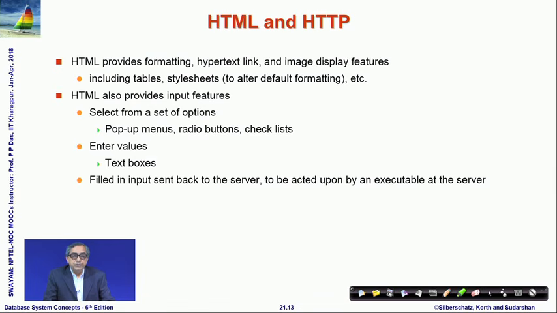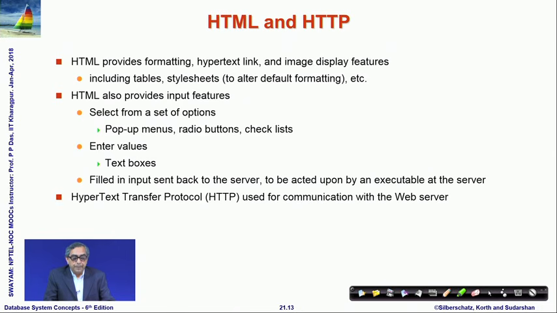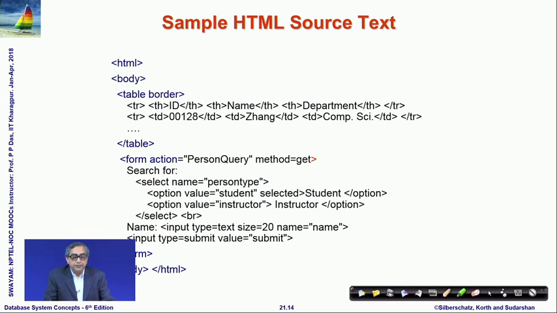You can enter values through a text box, and once a form has been filled up, that form will be sent back to the server from where it came and will be acted upon by the server. HTTP helps in that transfer mechanism.